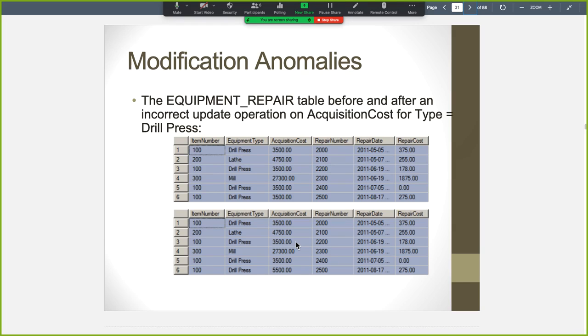So maybe somebody had a typo when they tried to type acquisition cost in here. Then that creates this data inconsistency. So you have two copies of the database, but there's some inconsistency in the data set. So that's where the problem is. And this is usually generated during the insertion process, right?